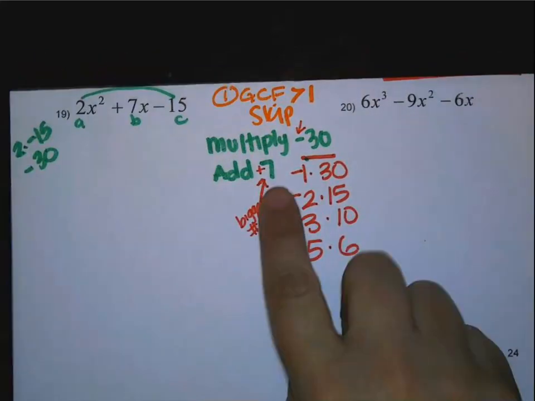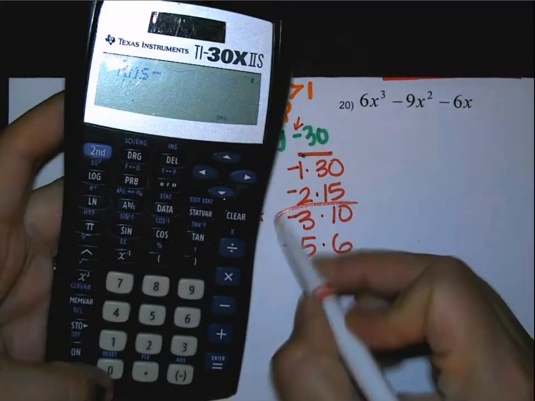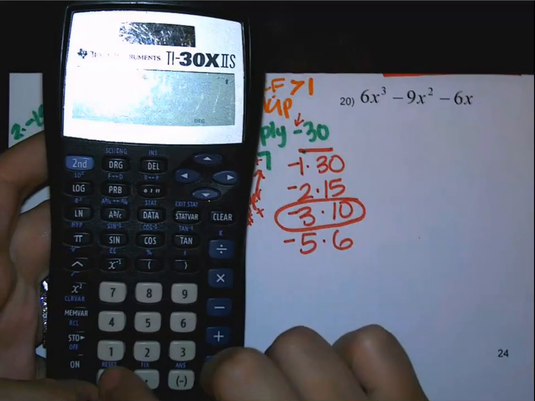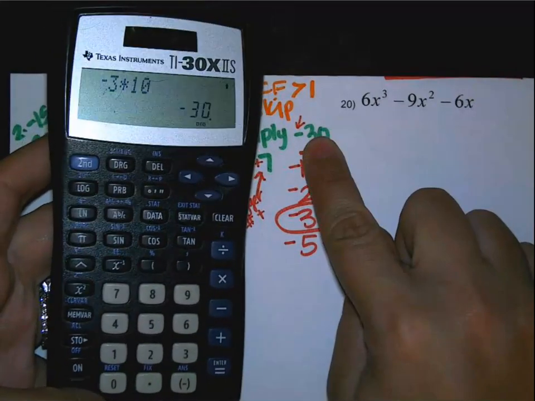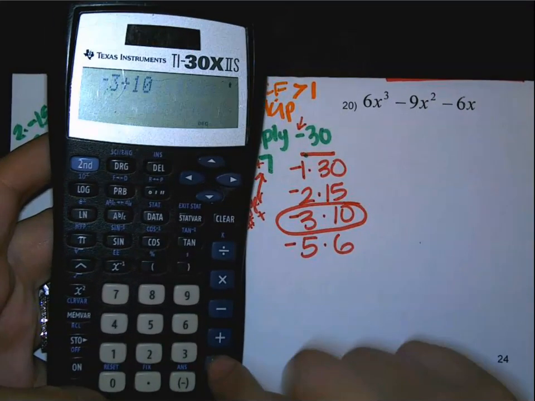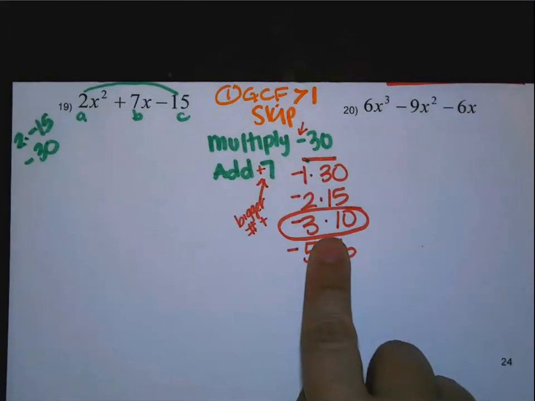Now I have to find which ones would add to 7. So if I pick negative 3 and 10, negative 3 times 10 would multiply to negative 30, and they would add to 7. So that's how I know what to pick.